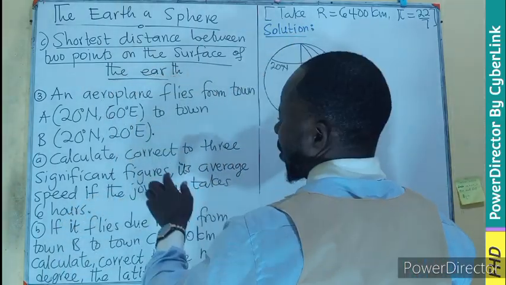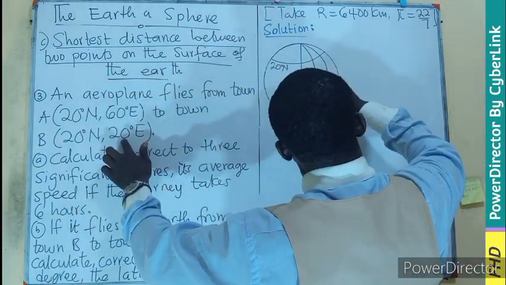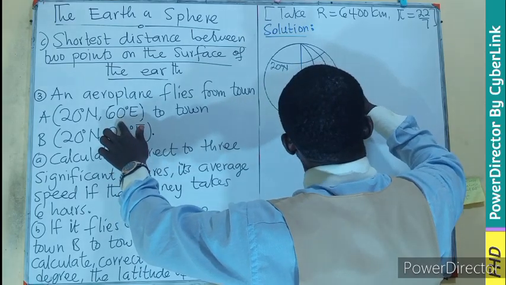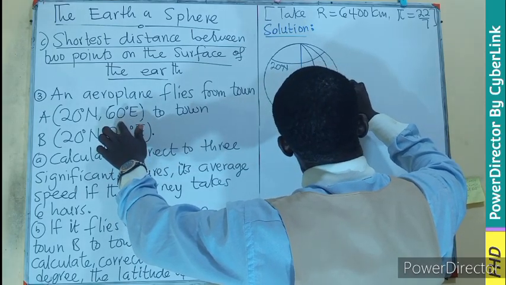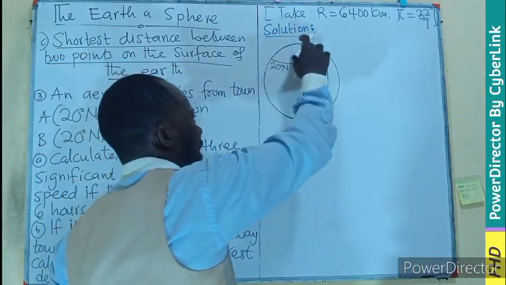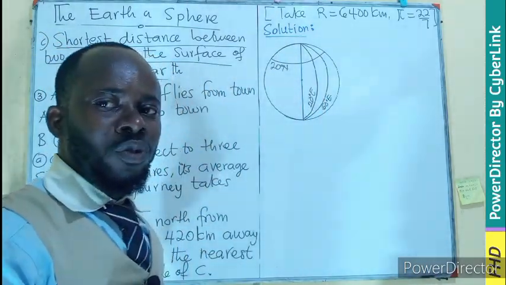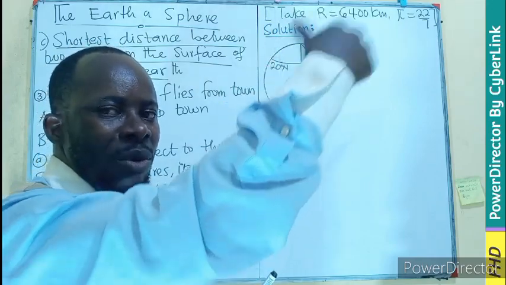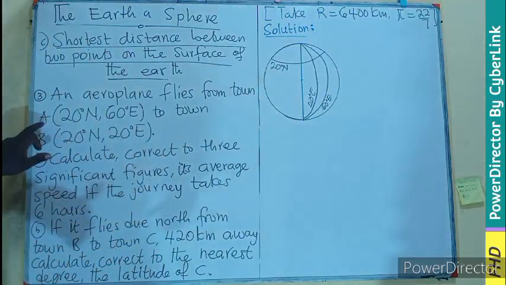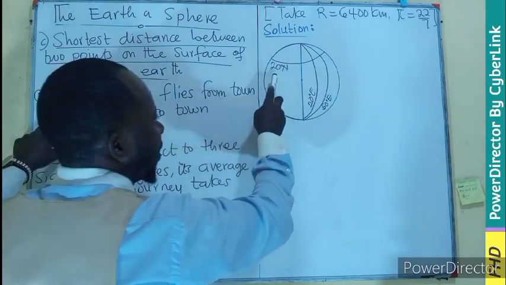So we have the 20 degrees east, then we have 60 degrees east. You can see that the one closer to the center is smaller, and as they move away, they become larger.